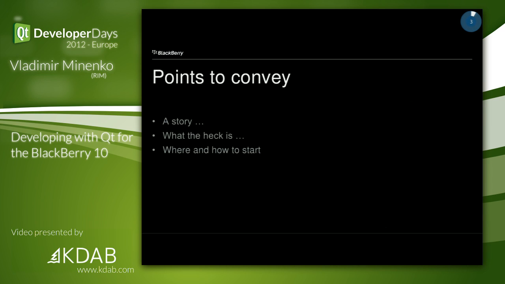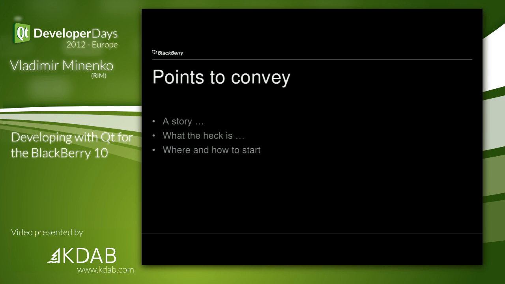I have three very simple things to convey. First of all, I will tell you a story. This will be a love story, a story of relationship. They fall in love, marry, get kids, and all the things. Then I will talk about the kind of things where you ask, what the heck.